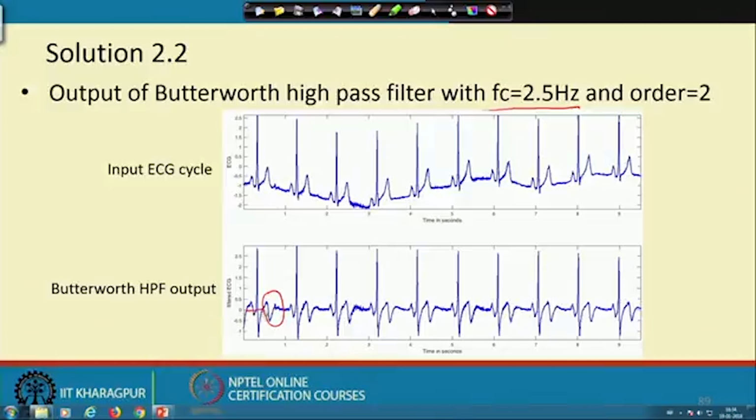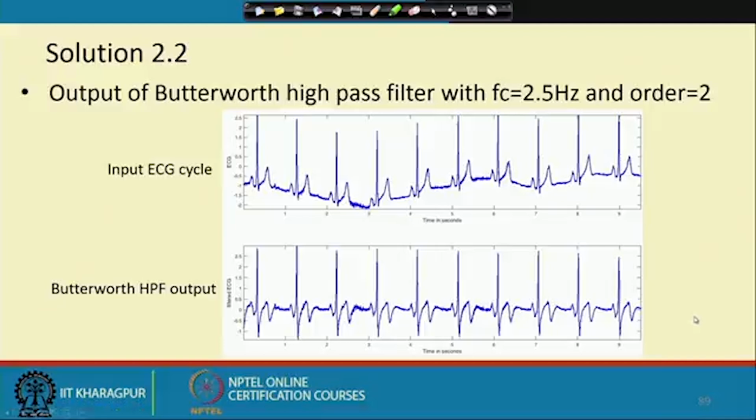And the difference between the Q and S points has increased with respect to the input signal. So, distortion is much more in this case, and for our P wave also I think some amount of distortion is there, though we cannot put into words that amount of distortion.